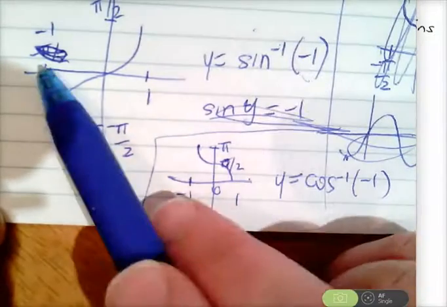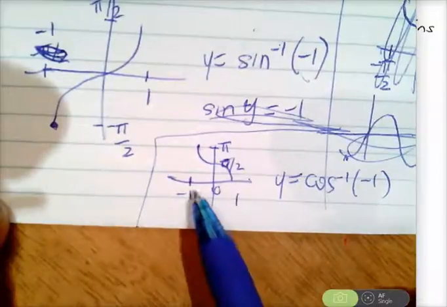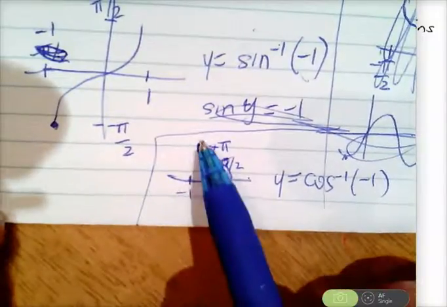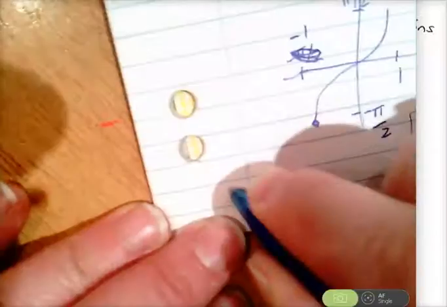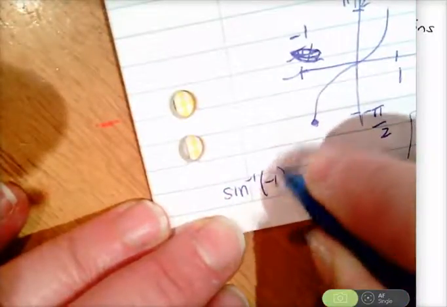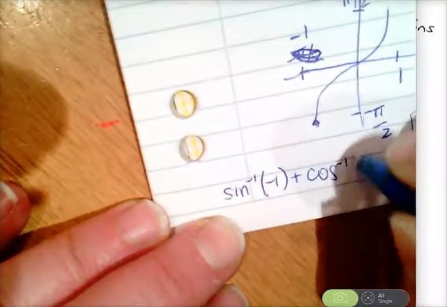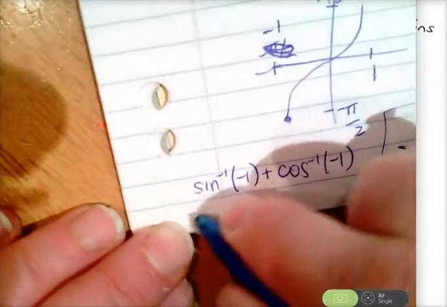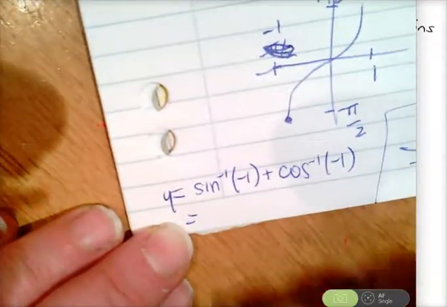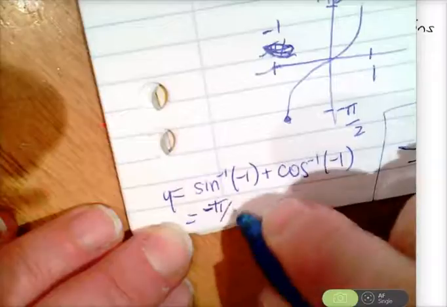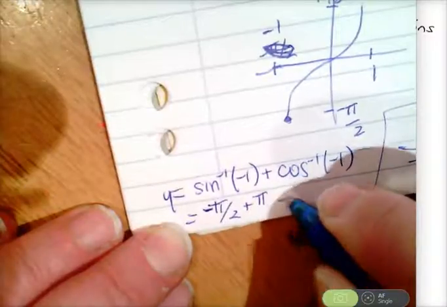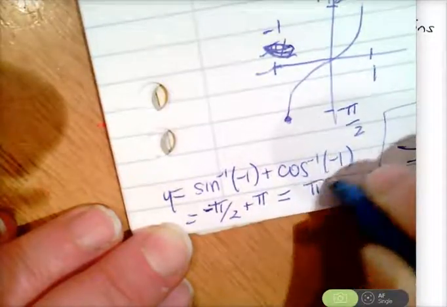The inverse sine of -1 is negative pi on 2, and the inverse cos of -1 is pi. So if you want to do the inverse sine of -1 plus the inverse cos of -1 for that graph, you've got negative pi on 2 plus pi, which is pi on 2.